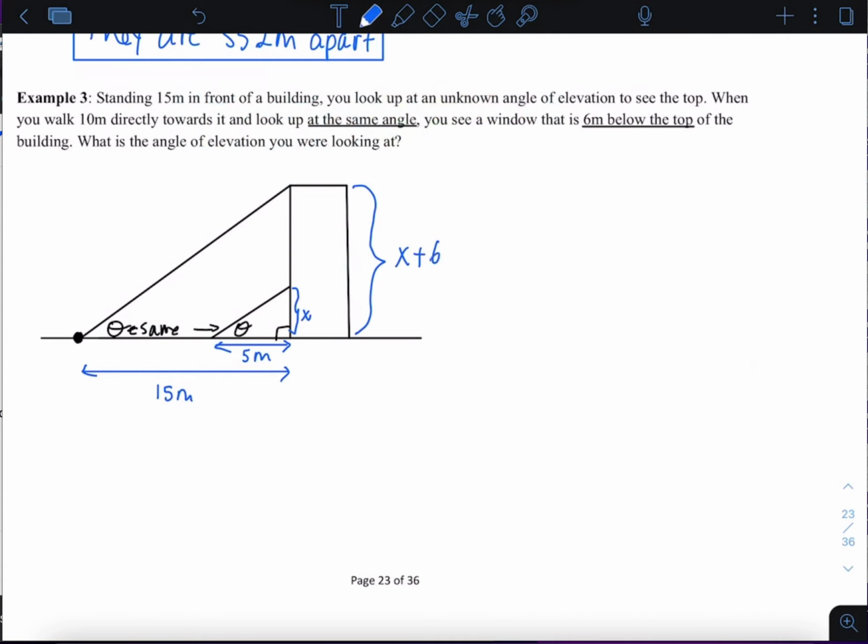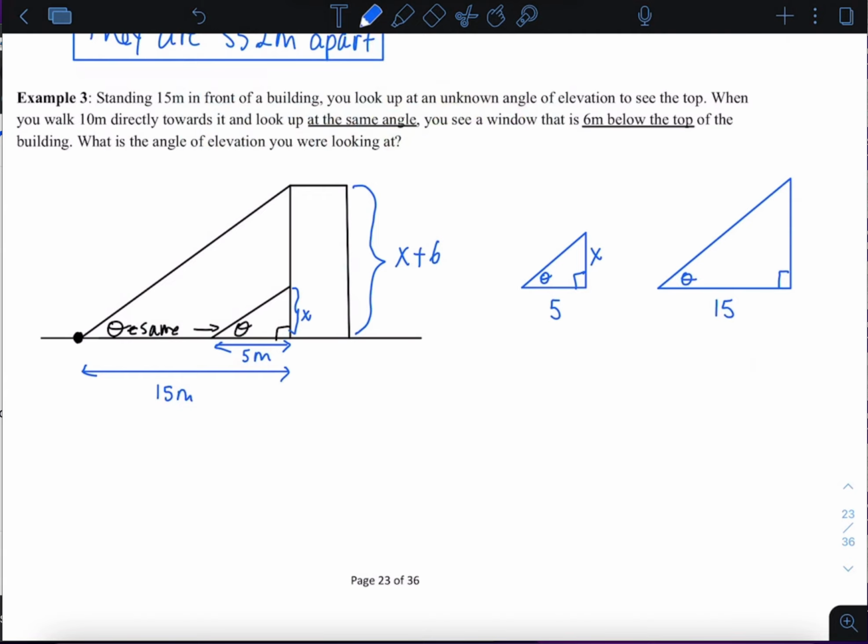And then what I can do is consider both of these triangles. By the way, these are similar triangles, right? So we could actually solve this probably using similarity, but we are in trig, so let's do this using trig.